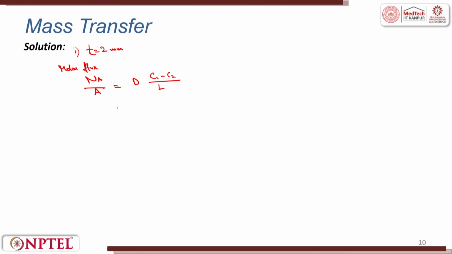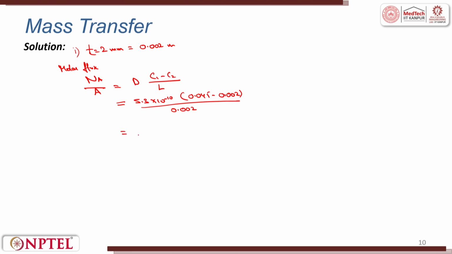Putting the values here, D is 5.3 into 10 raised to the power minus 10, C1 minus C2 is 0.045 minus 0.002, this by L, that is thickness, that is 2 mm. 2 mm is 0.002 meters. I will put it here, 0.002 meters.